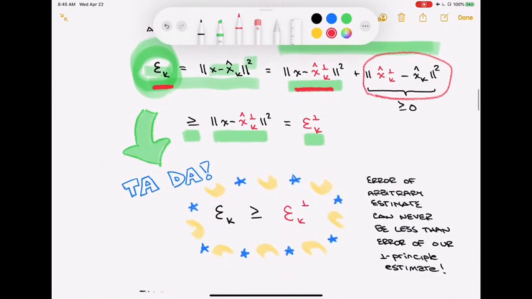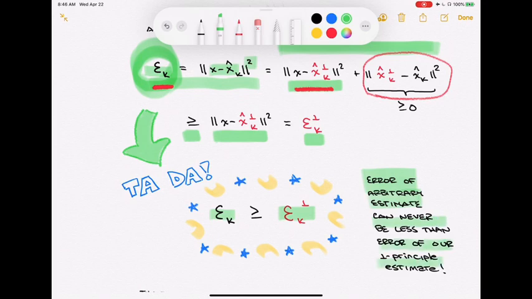So ta-da, guess what? We get that the size of the error of an arbitrary estimate is always greater than or equal to the error that results from the orthogonality principle. The error of an arbitrary estimate can never be less than the error of our orthogonality principle estimate.